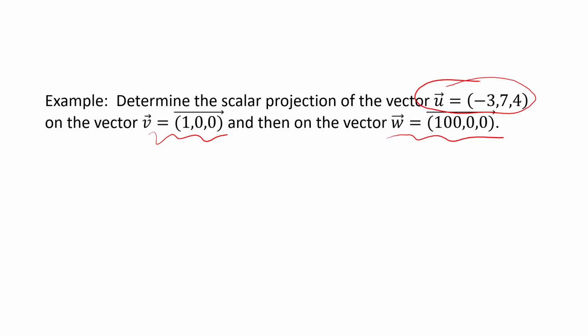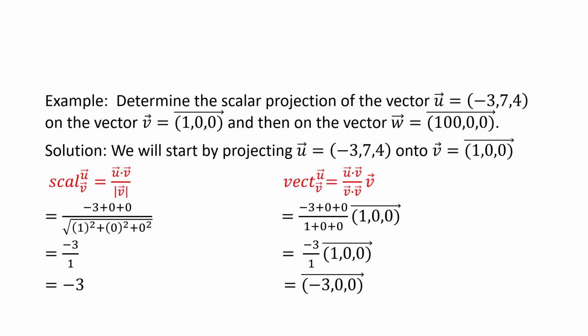And we're going to see that no matter which of those we use, the actual scalar projection will be the same. So here we go. If we project -3, 7, 4 onto 1, 0, 0, our scalar projection using our formula is -3. Our vector projection using our formula is -3, 0, 0.